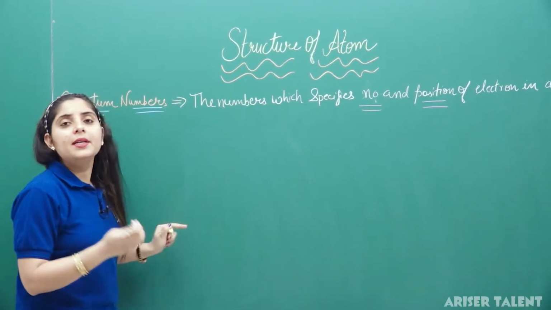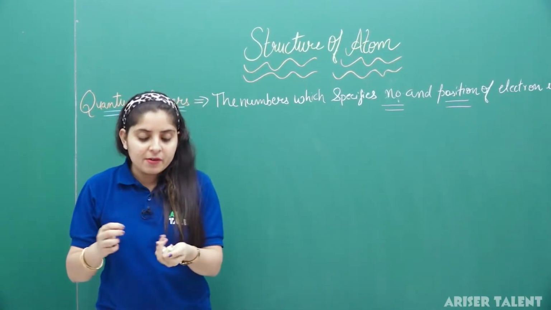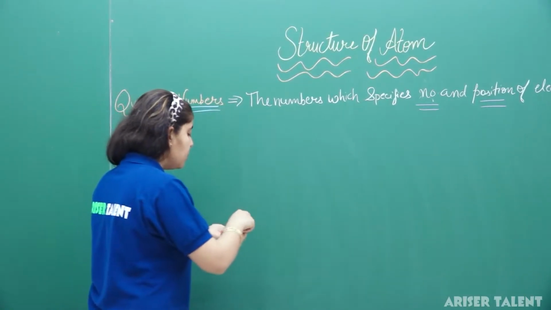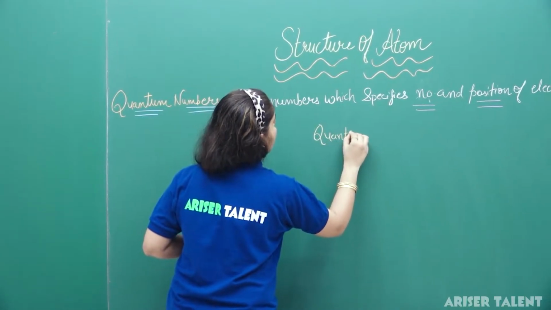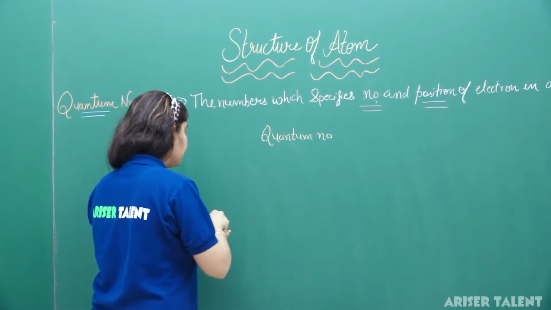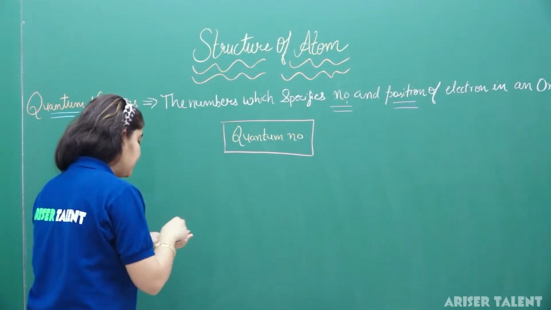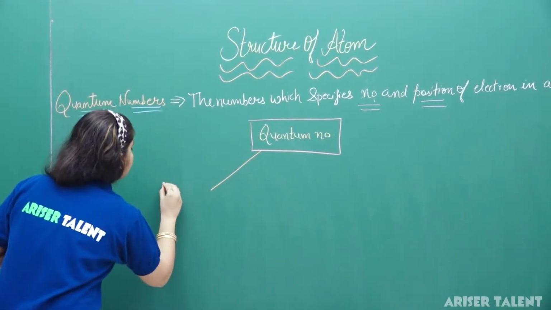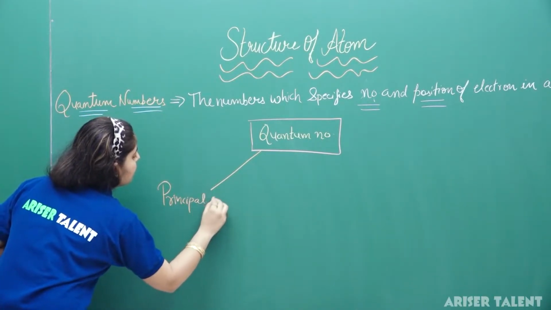Now quantum numbers are classified in four categories based on the different values. So we have four categories of quantum number here. Quantum numbers are broadly classified into four categories. Our first category is principal quantum number.